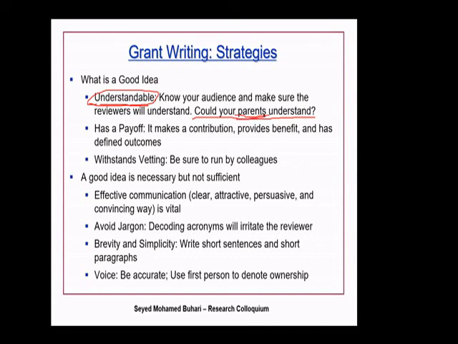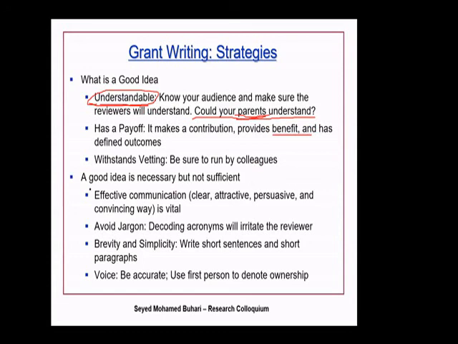Can they understand your proposal? This is important. Why? The funding agency are not experts. The reviewers are probably experts, but not the funding agency. And please note, is it going to benefit the community or not? These are things.